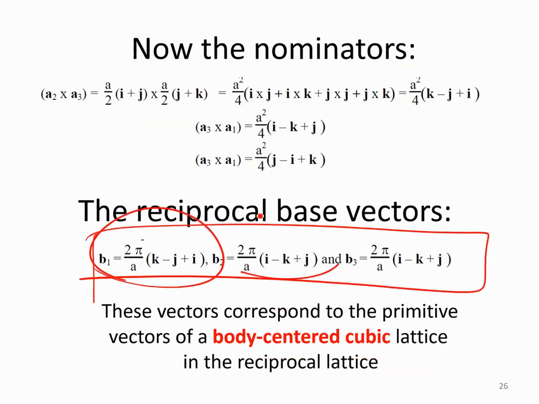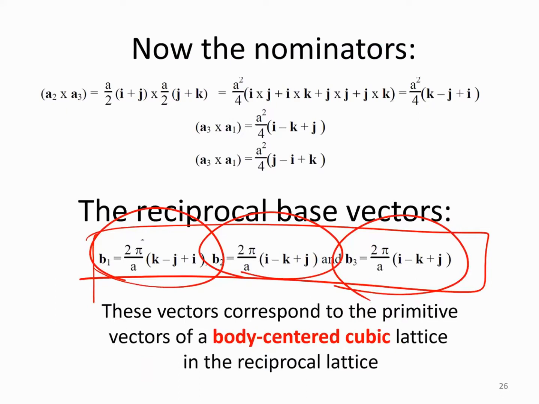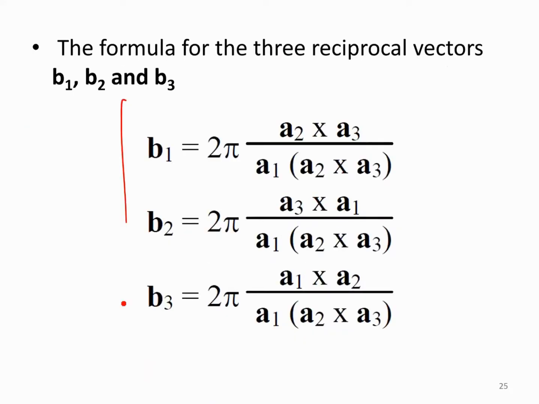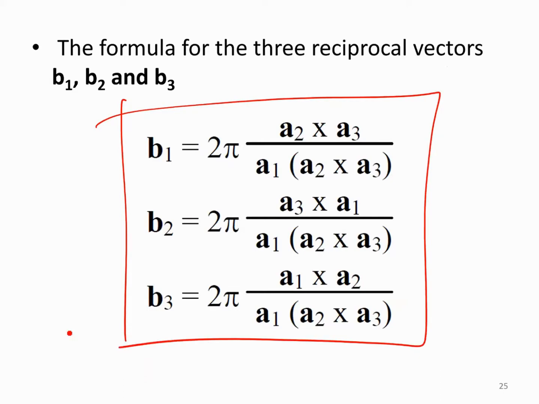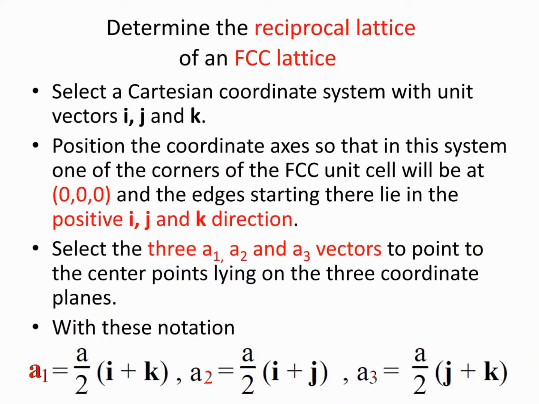And these 3 basically are the body center cubic primitive vectors. Okay, so likewise, if these are the real primitive lattice vectors for body center cubic, you go through these 3 equations, then you will get the reciprocal of the BCC as these 3.